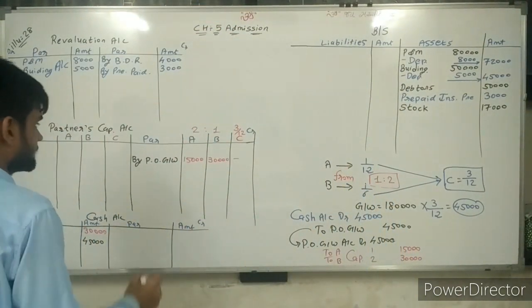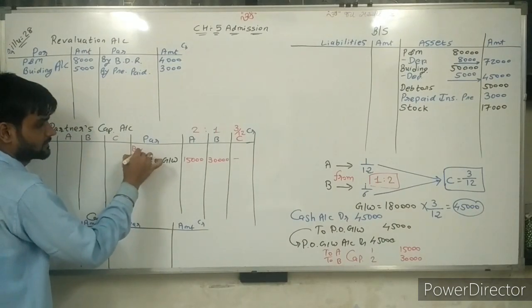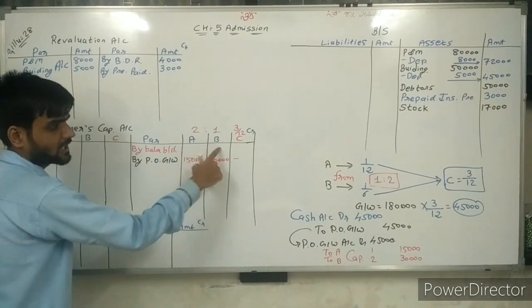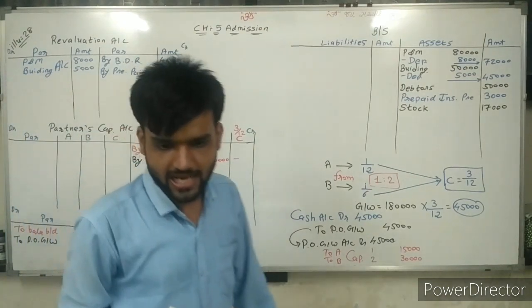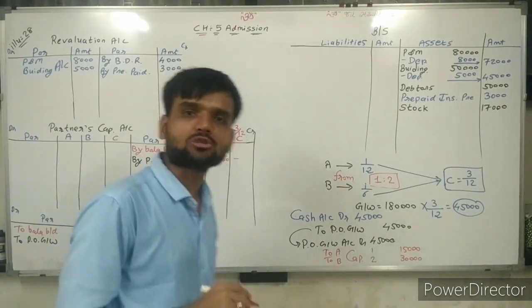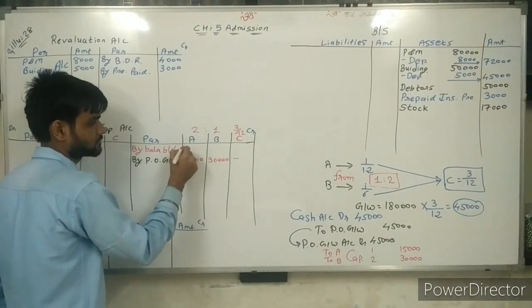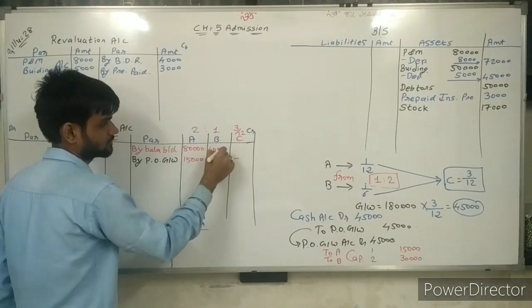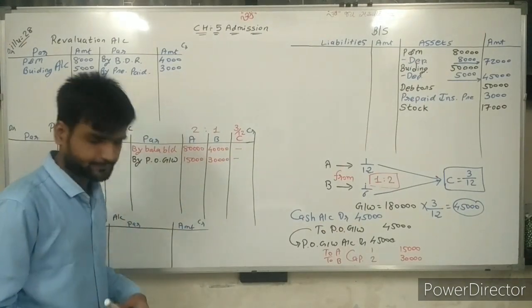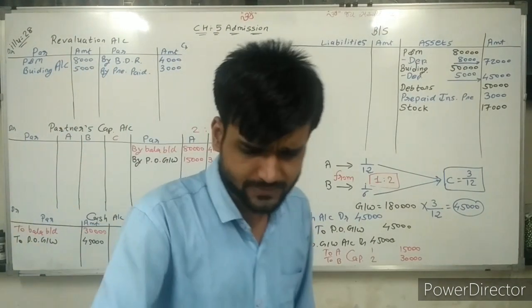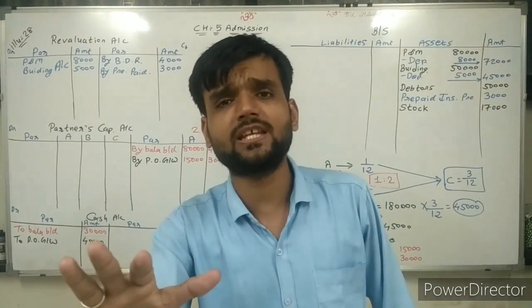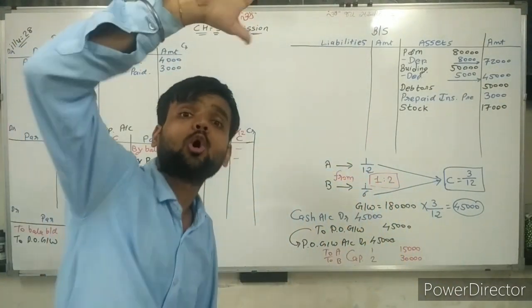By balance brought down, capital of A and B. A and B capital is 80,000 and 40,000. So 80 and 40. That's it.